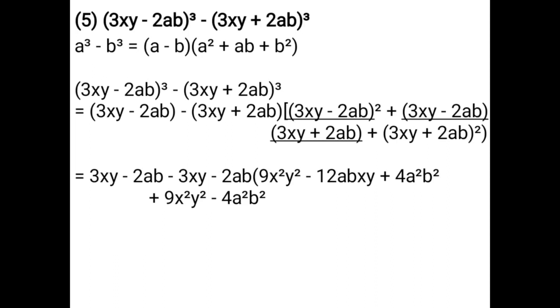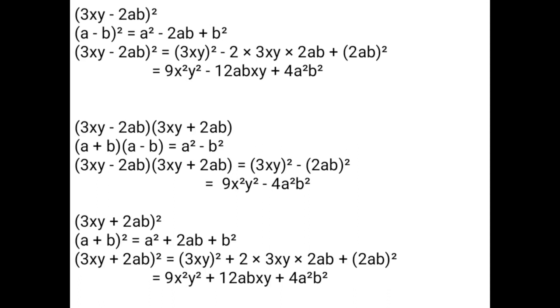Plus (3xy plus 2ab) the whole square. You have to use the formula of (a plus b) the whole square. I have solved it here roughly. The formula of (a plus b) the whole square is a square plus 2ab plus b square. (3xy plus 2ab) the whole square is (3xy) the whole square plus 2 into 3xy into 2ab plus (2ab) the whole square.